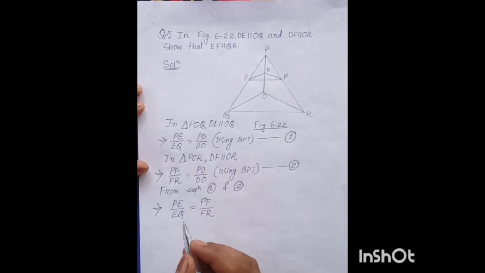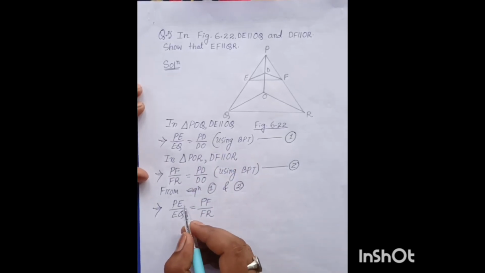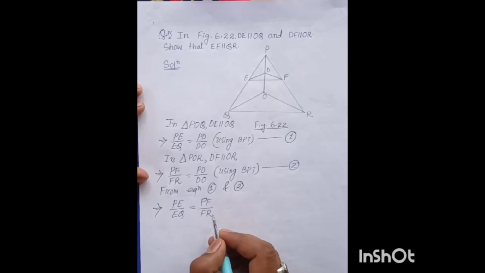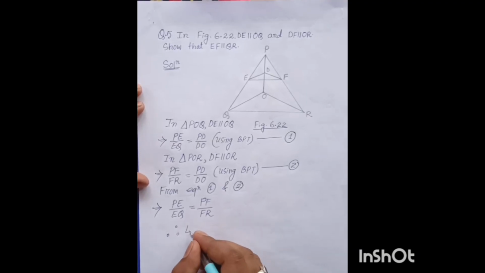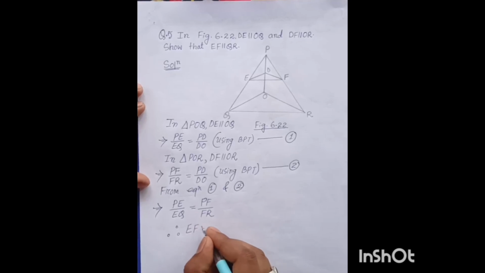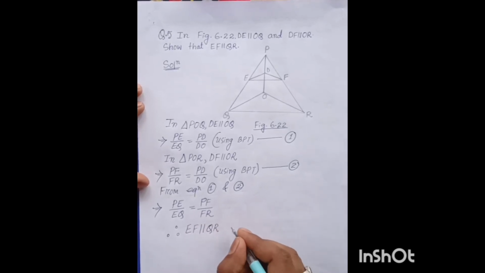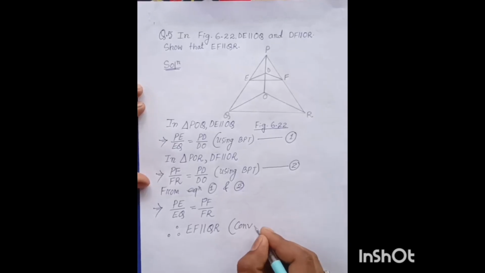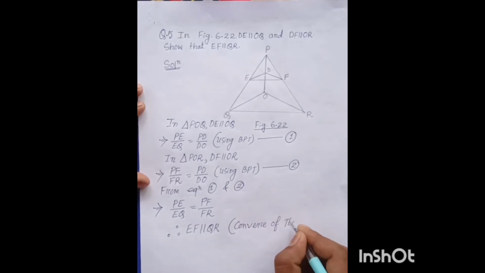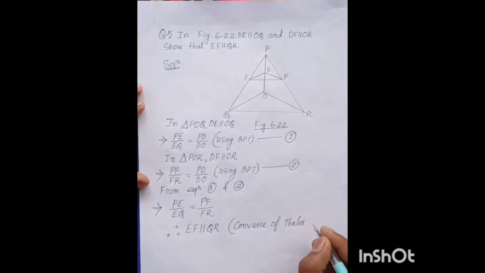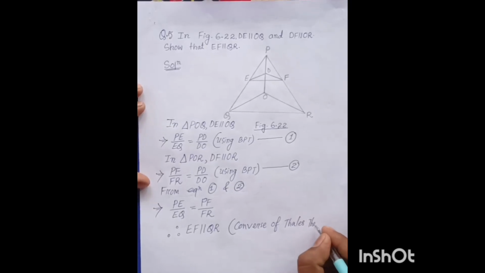And if PE by EQ equals PF by FR, then I can say therefore EF is parallel with QR, and this is the converse of Thales theorem.